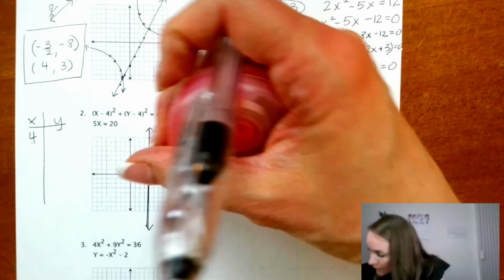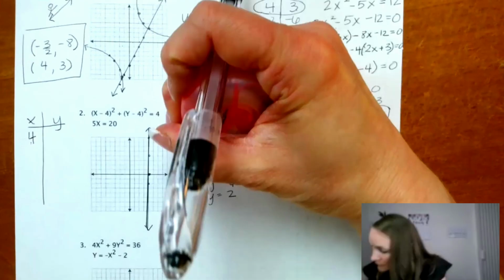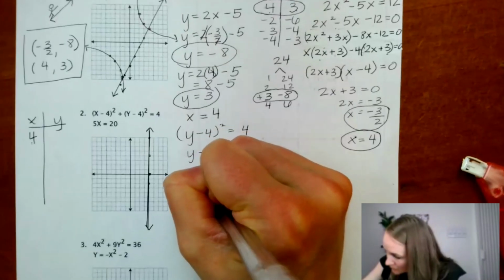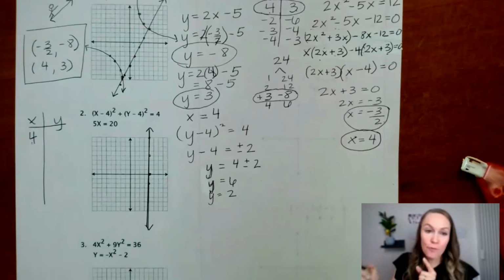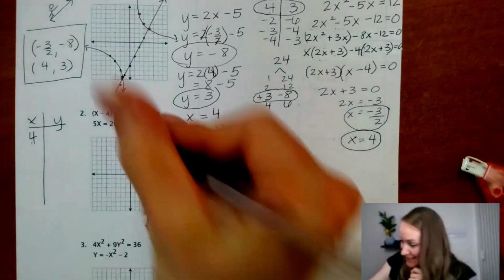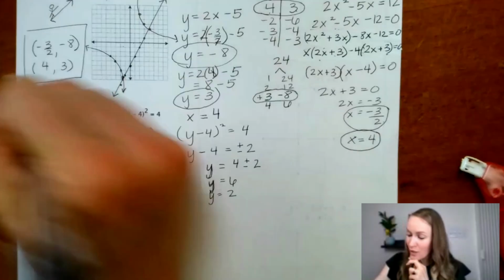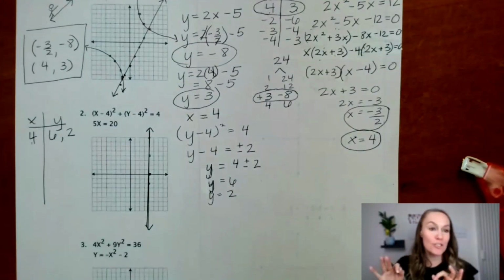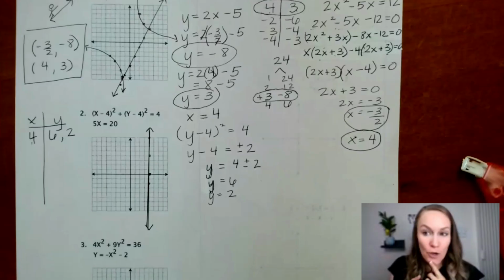Just going to go ahead and erase this line here. Okay, so I have 4 comma 6 and I have 4 comma 2. That looks good.